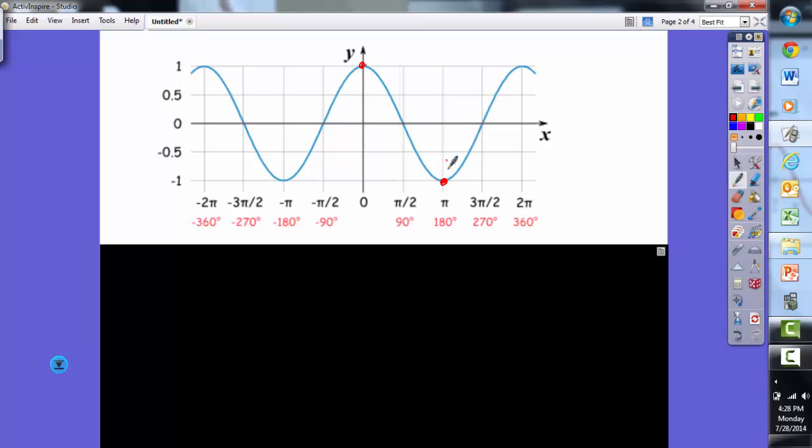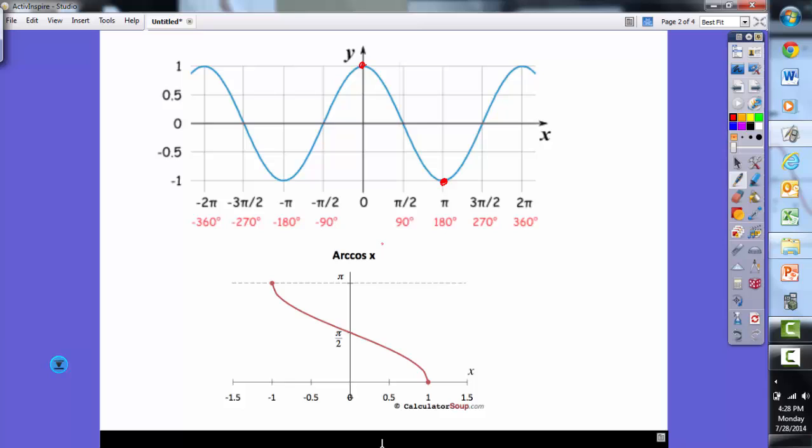So since 0 to pi is the portion of the domain that is one-to-one, that becomes the range of the inverse, and it goes from -1 to 1 for the domain of the inverse. So the domain of the inverse is -1 to 1. The range of the inverse goes from 0 up to pi.